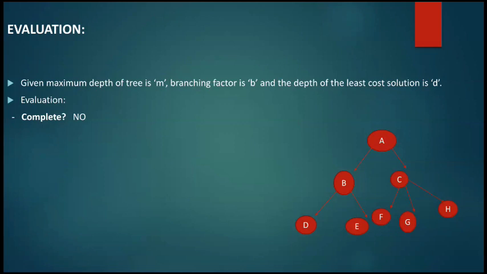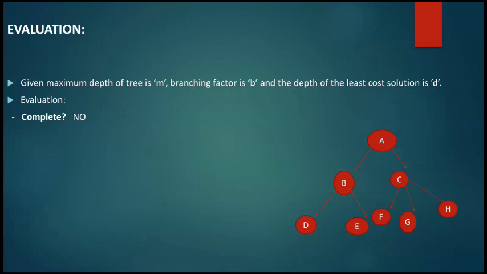So if the depth of the tree is infinite, will it be able to move to C, which is adjacent to B? No, right? I'm saying again, if the depth of the tree is infinite, then it will move downward only. It will not go to the adjacent path. That is why it is not complete.